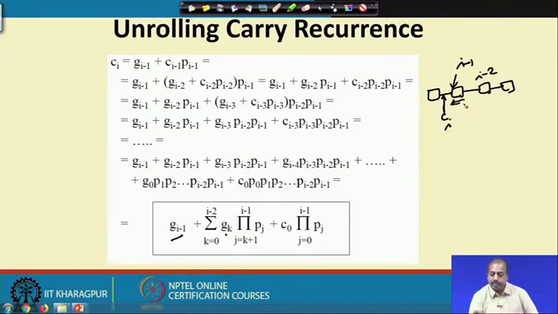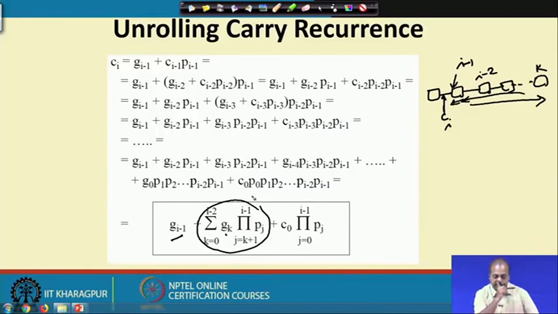Or it is generated at any stage on this side. Okay. So, it is generated at some stage k at which the carry was generated, and then it got propagated through all the remaining stages. That is taken care of by this expression. So, this is telling that it is generated at stage k, and the stages k plus 1 to i minus 1 are just propagating the carry.